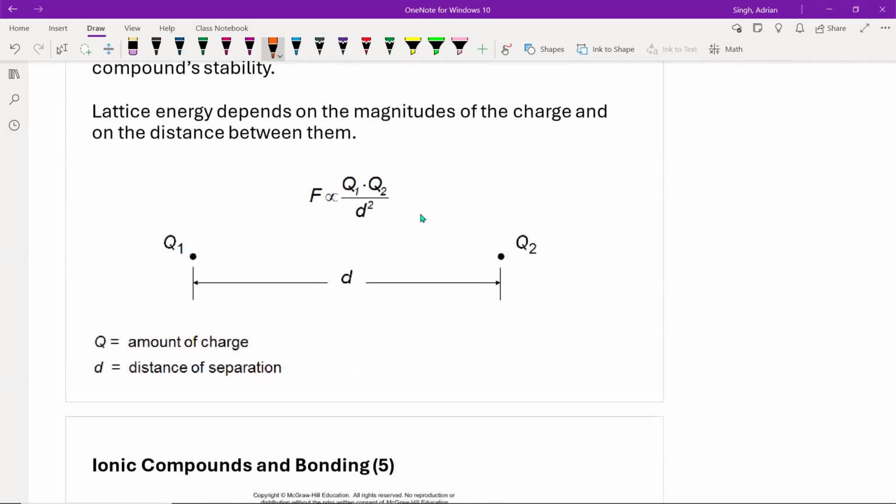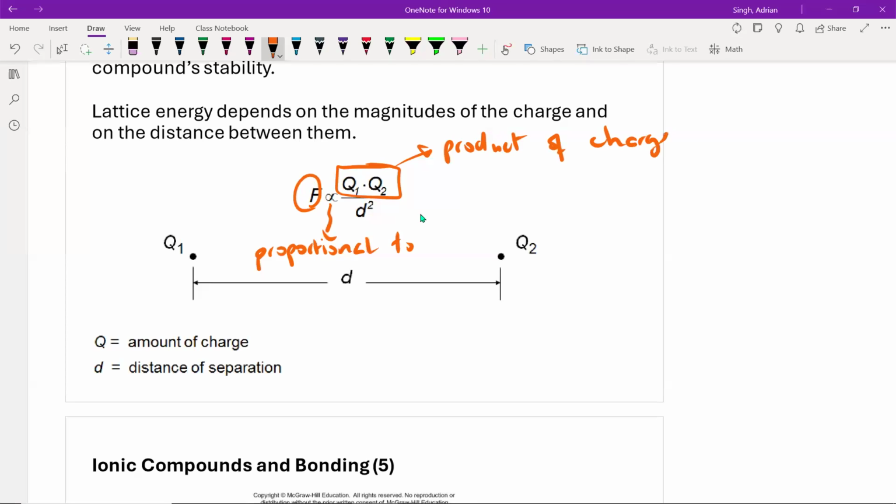So the force of attraction here, F, is proportional to, that symbol means proportional to, the product of the charges, divided by the square of the distance, where D equals the distance between the charges.